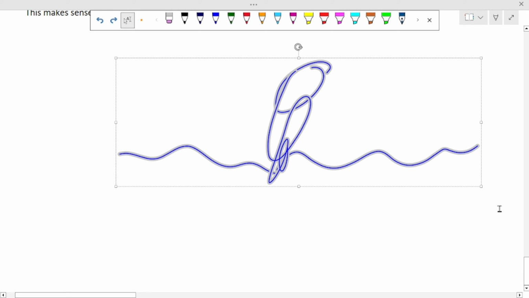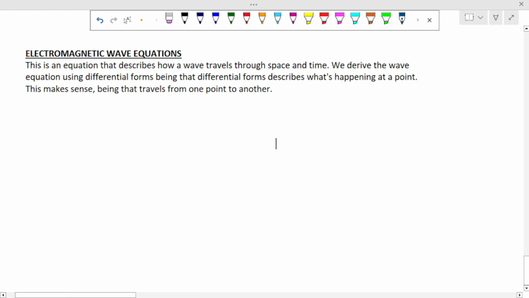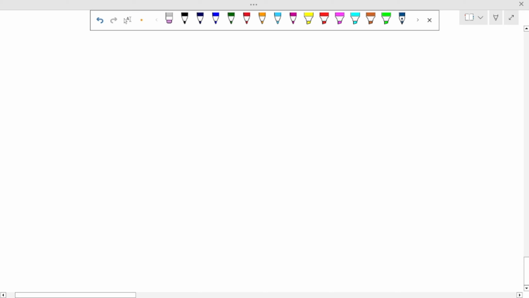But at some point I'll use water to illustrate, so it will be easy for us to physically picture in our mind. So now when we say wave equation, what do we even need them for?